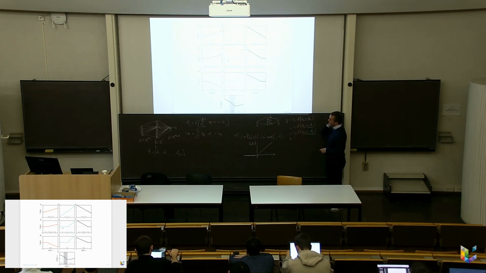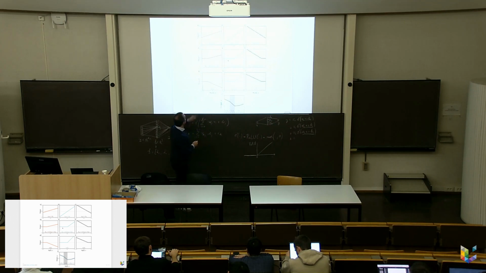The effect of this product will basically stretch the lines, so it will make either the line steeper or closer to 0, but you could also flip the function completely if this coefficient is negative. So this is what you see here, for example. We have a V0 which is negative and larger than 1 in magnitude.